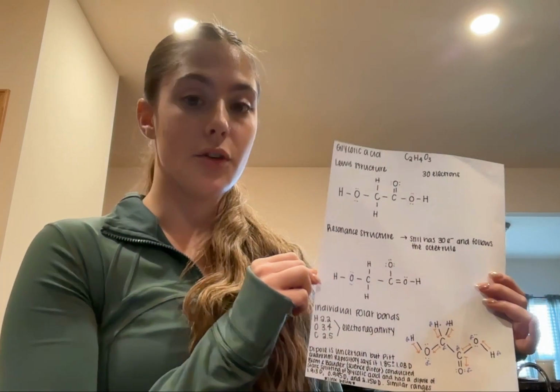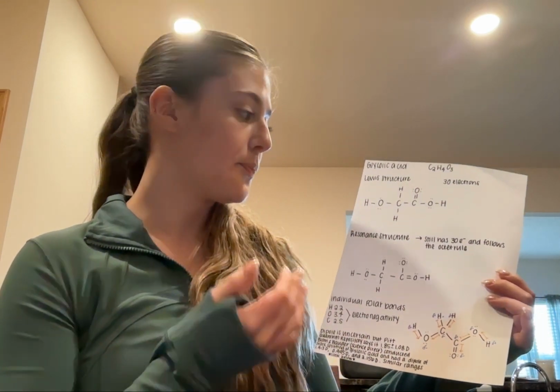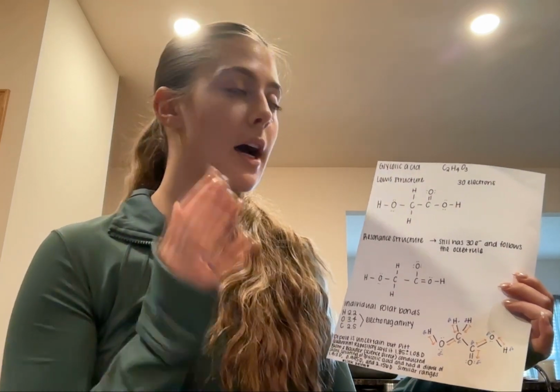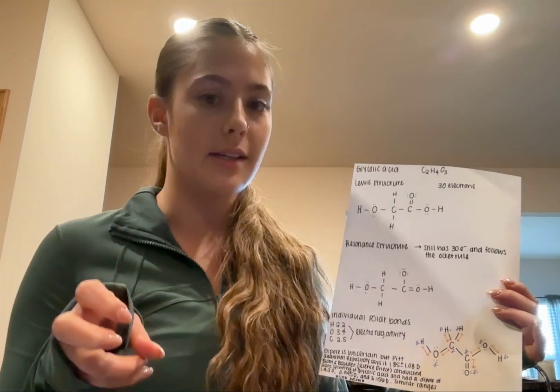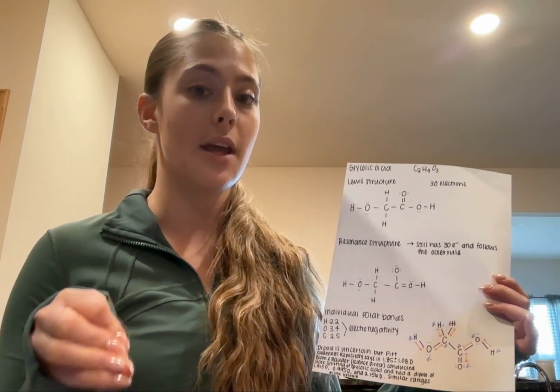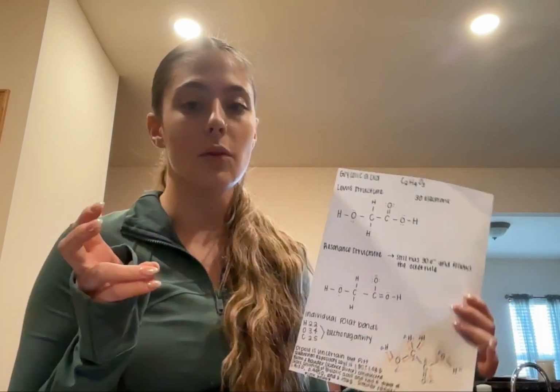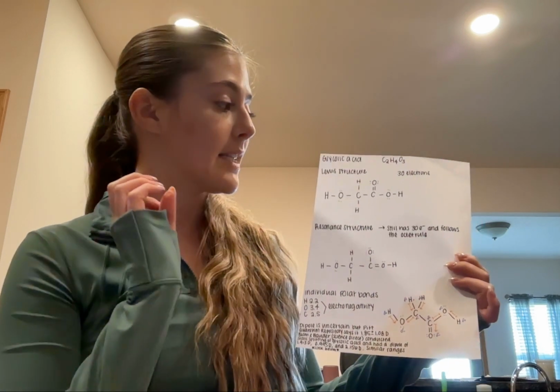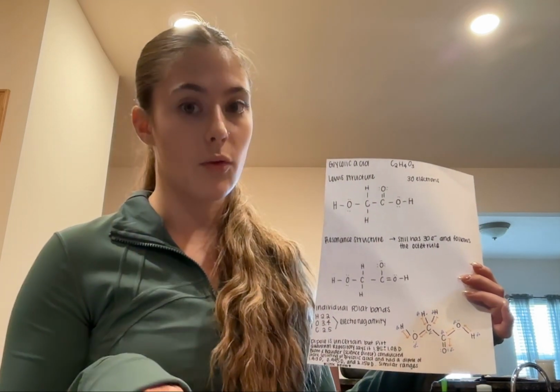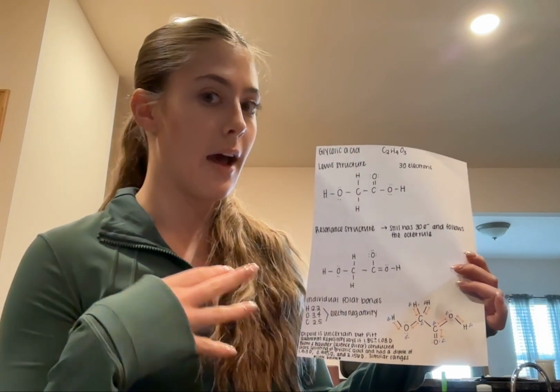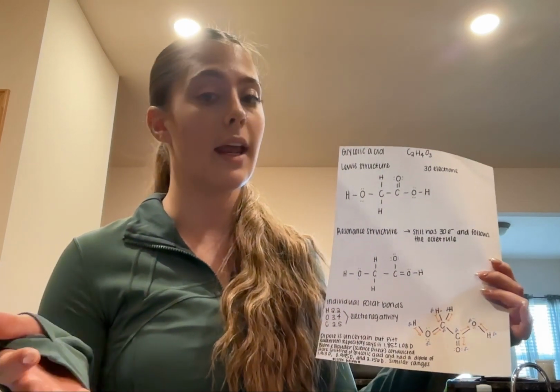So moving on to a resonance structure. A good resonance structure should still have the same amount of electrons as the best Lewis structure does, and it still follows the octet rule that each atom cannot have more than 8 electrons.